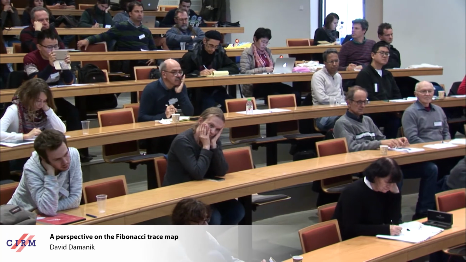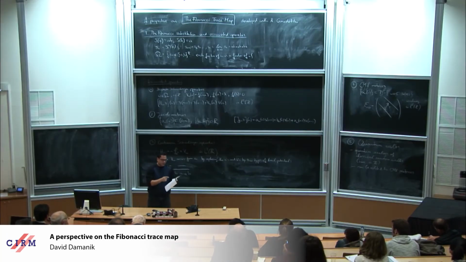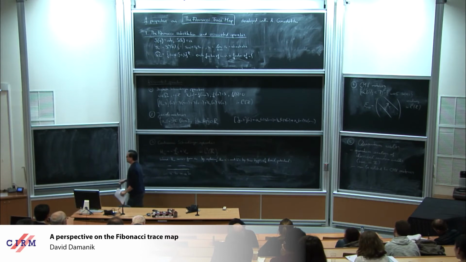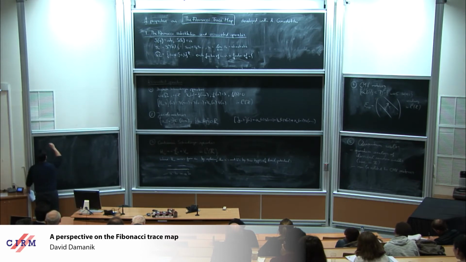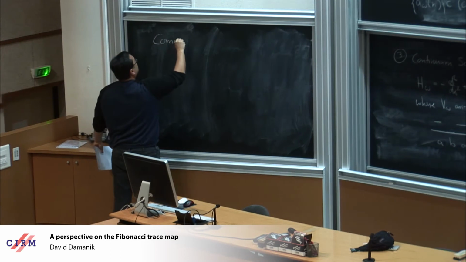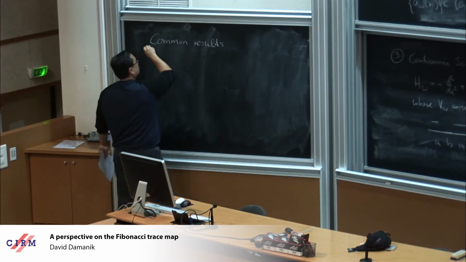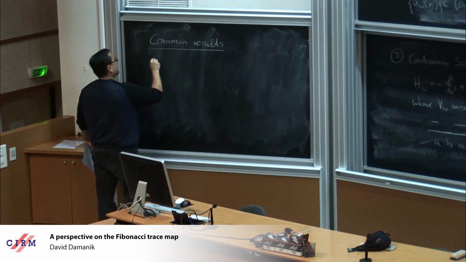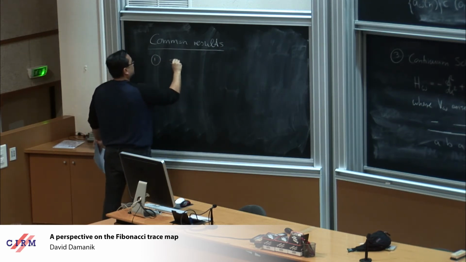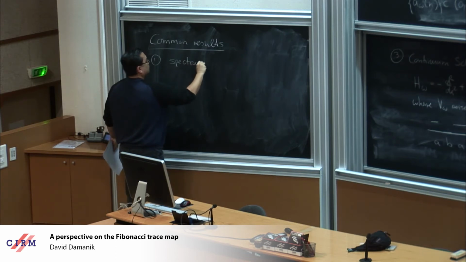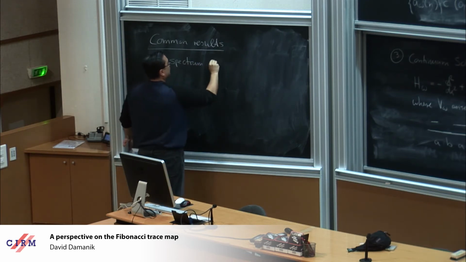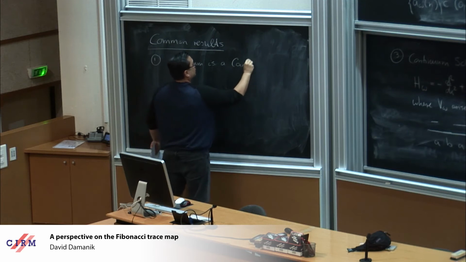Okay, so those are my classes of operators. And so my goal, again, is to look at each of them in the case of the Fibonacci sequence. The common results for all these operators are: first, the spectrum of each of these operators is a Cantor set.